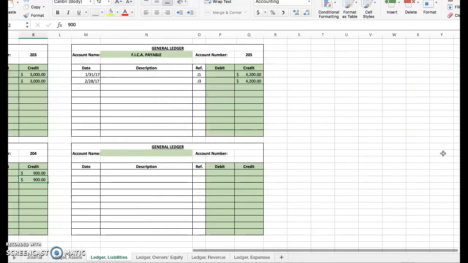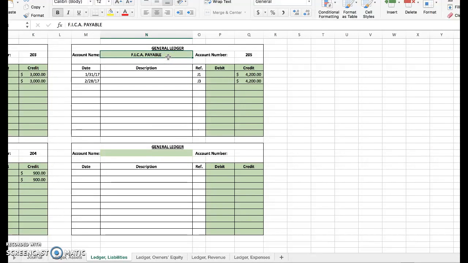Finally, whoops, way over here, FICA payable. If you remember, FICA stands for Federal Insurance Contributions Act, and it withholds money from employees to pay for their Social Security and their Medicare.